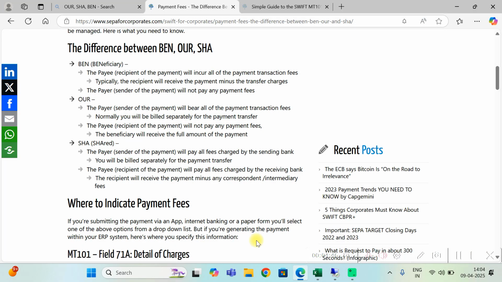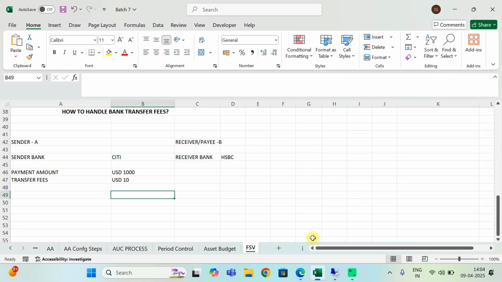If you are following SHA, then listen very carefully. Now the sender has Citibank and the receiver has HSBC Bank. So while sending, whatever Citibank is charging as processing fees or payment fees, the sender will bear.